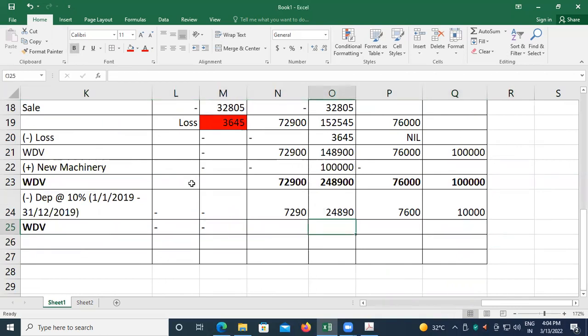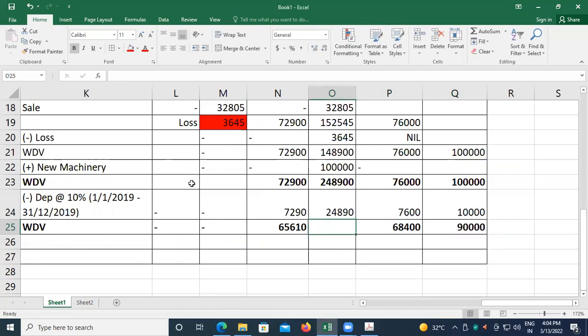So 72,900 minus 7,290 will come 65,610. Just minus one by one. Then 76,000 minus 7,600 will come 68,400. And 1 lakh minus 10,000 is nothing but 90,000.